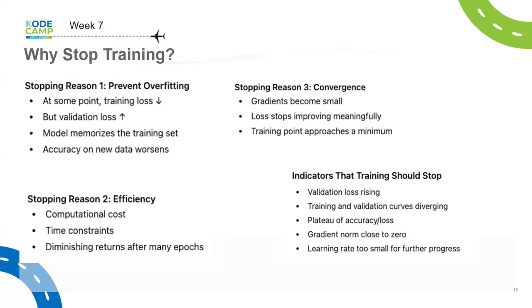So what is a validation loss in this case? So remember, training loss, you calculate it by calculating the loss on the training data. Validation loss, you calculate the loss based on the test data or validation data set. We're going to talk about the difference between validation data set and test data set.